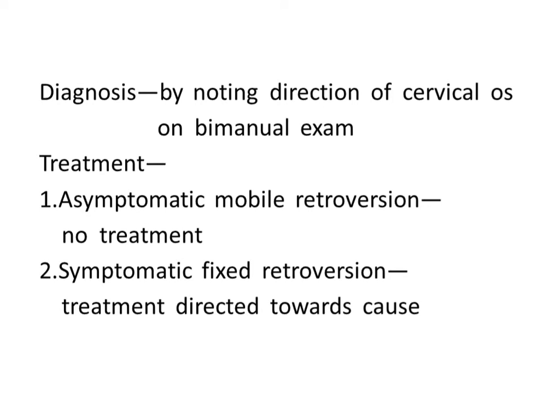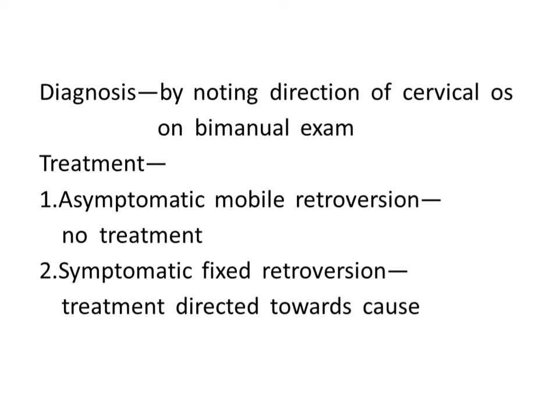So when there are no symptoms, is there any need to treat any condition? No, there is no need to treat, because a mobile retroversion without any associated additional disease is not going to cause any harm in the future also. Particularly if the patient is fertile and she has had one or two children, then absolutely no need to treat this patient.